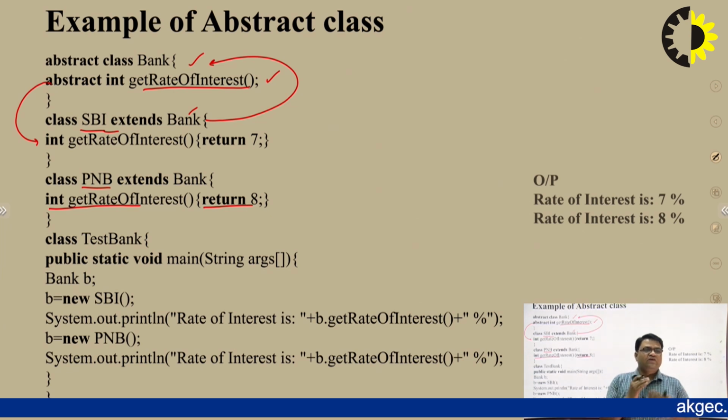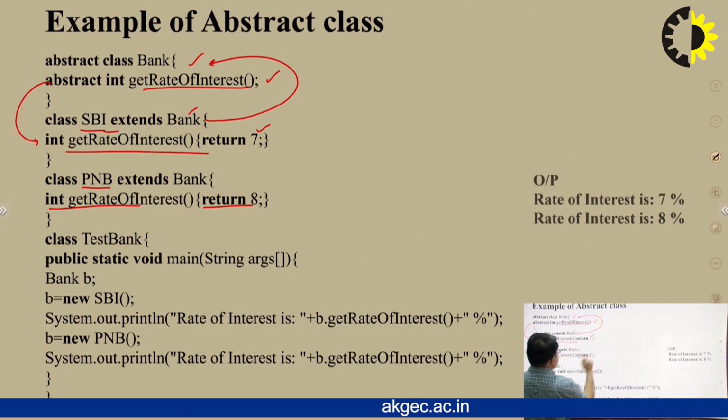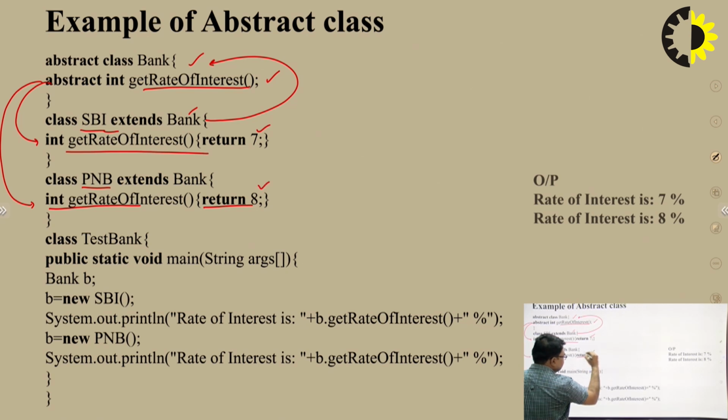Rate of interest of SBI bank is 7%. This is the first method. The second class, PNB, extends the same abstract class and provides the body of that method. The rate of interest returned is 8%.